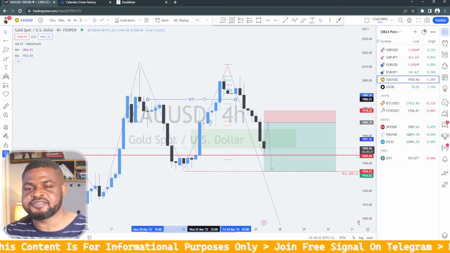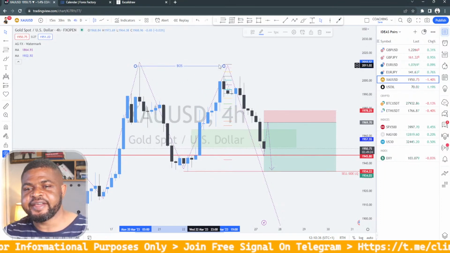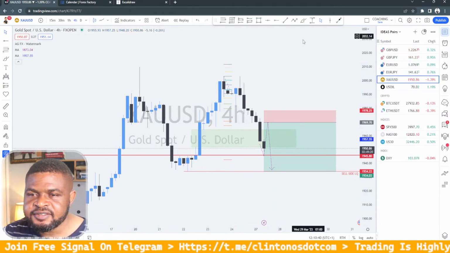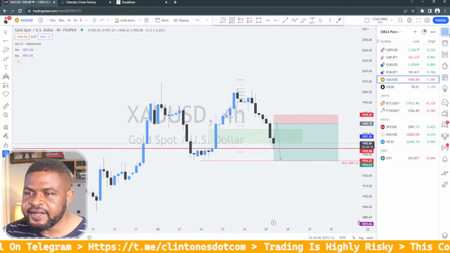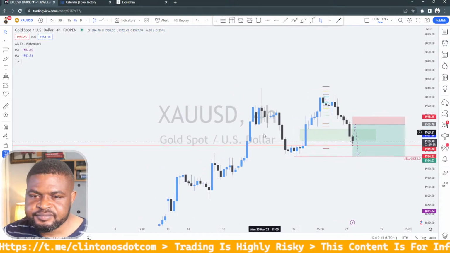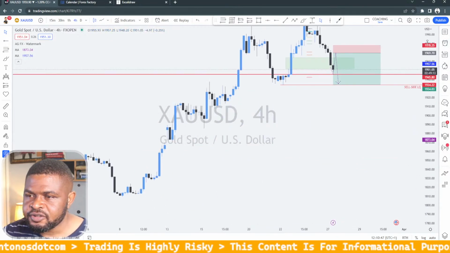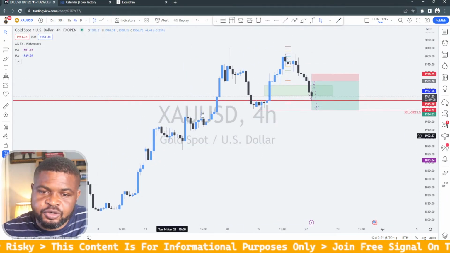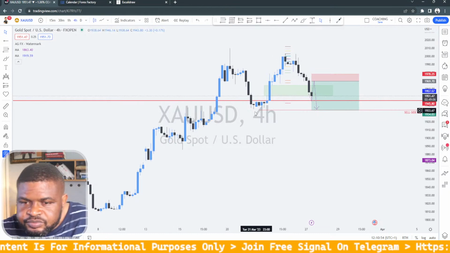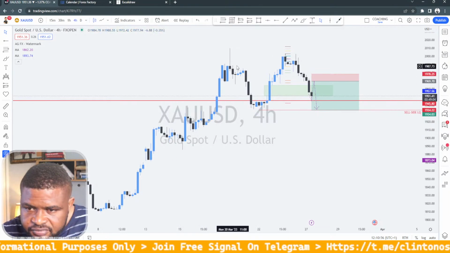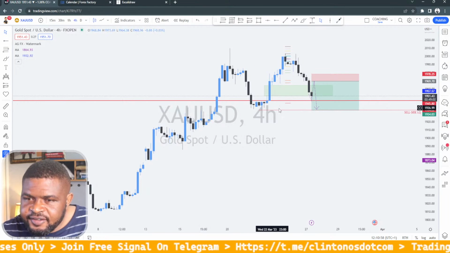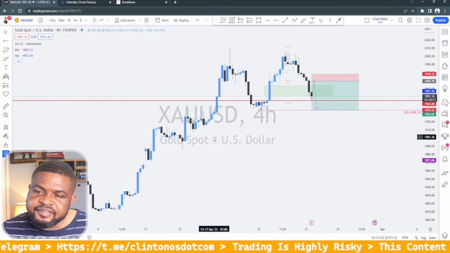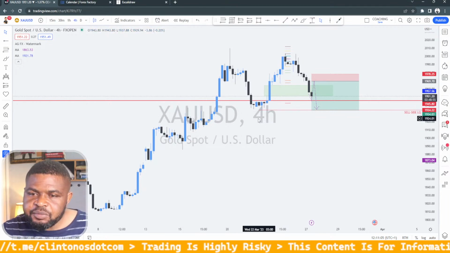If not, break of structure should be right there, and that didn't happen. Although we are still in an uptrend structure wise, there's nothing here that I'm confident can hold price, to be honest. That's what I'm thinking.